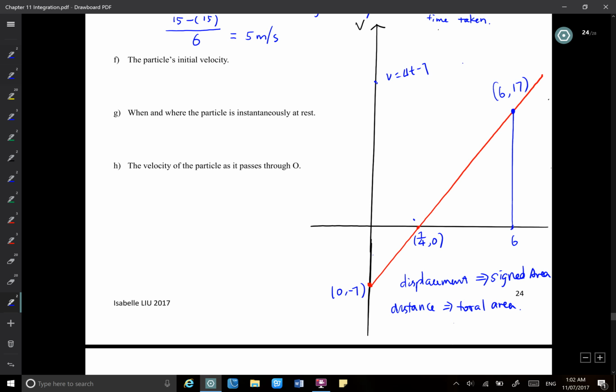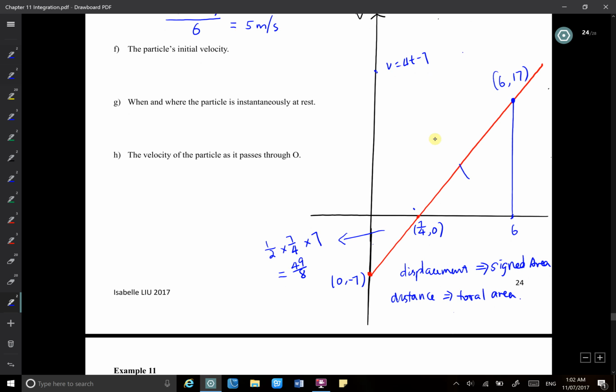Okay, let's find what this area is. This area, that's 7/4, that's a length of 7. So it's a half times 7/4 times 7, that is 49/8.